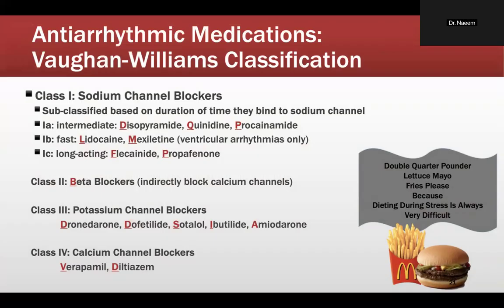So getting right into it, this is just the introduction of the different antiarrhythmics. As you can see, there are a lot of medications. We have four classes: class one, class two, class three, class four. The class one agents are sodium channel blockers, and I'm sure you've covered the pharmacology or the science behind how each of these works mechanistically.